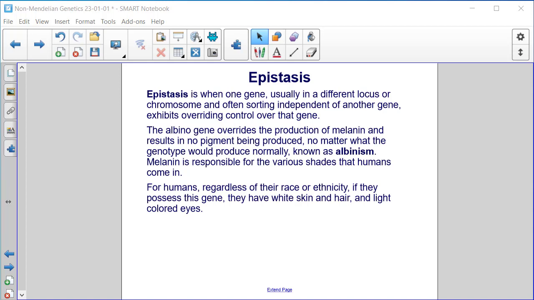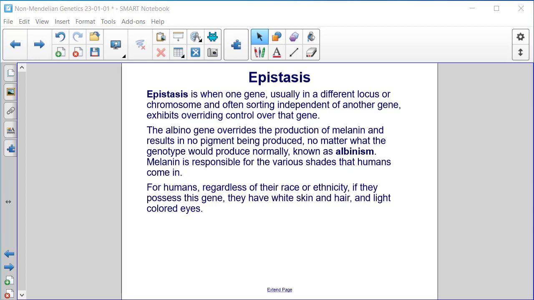So if a person possesses the albino gene, it overrides the production of melanin. So we get no pigment, no matter what the genotype would produce normally. This is known as albinism. For humans, regardless of their race or ethnicity, if they possess this gene, they have white skin and hair and light-colored eyes.